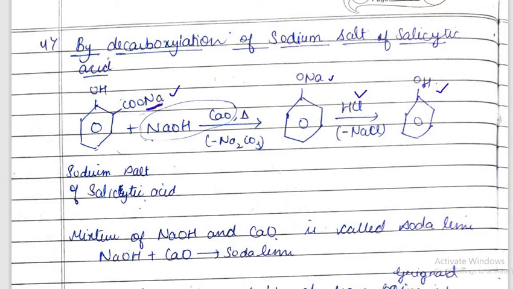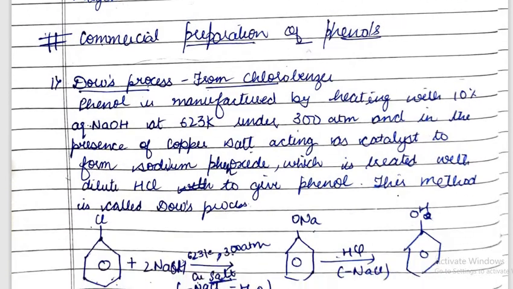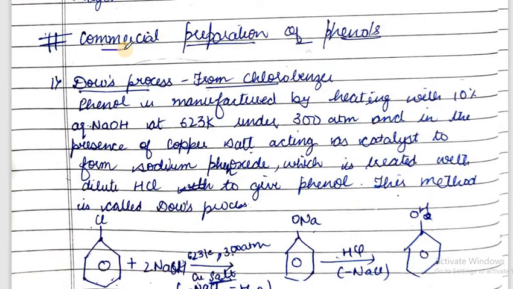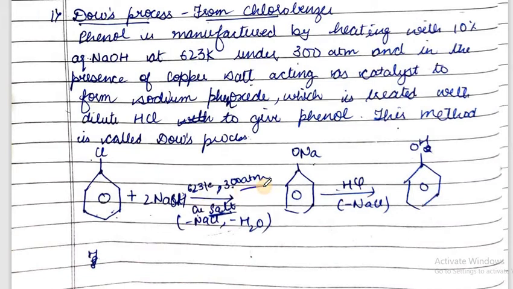And this way we can prepare it in the labs. But if we require commercial preparation at a high level, we use the Dow process. The Dow process is a process in which chlorobenzene is treated with sodium hydroxide at high temperature and high pressure, and in the presence of copper salt we get sodium phenate, and then with HCl, as usual, phenol is formed.